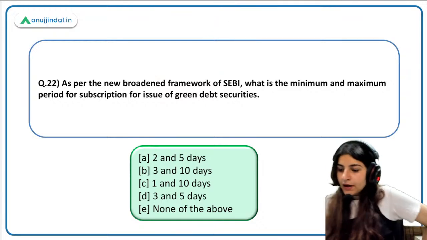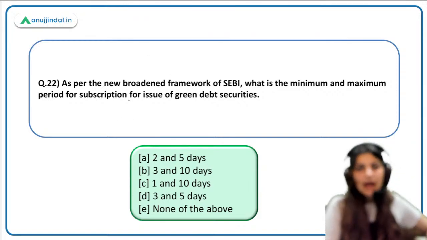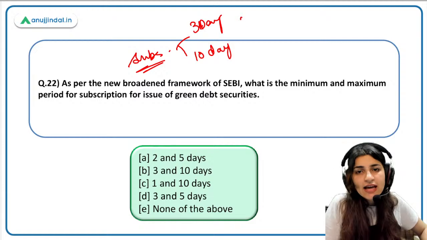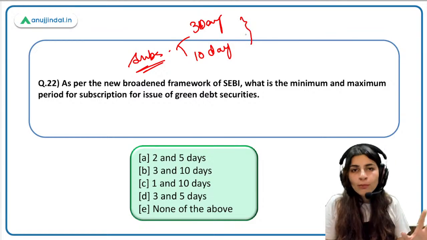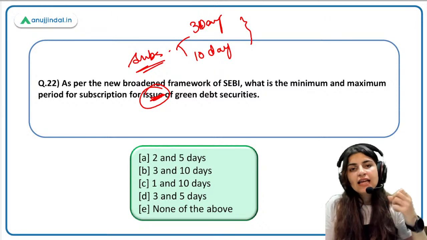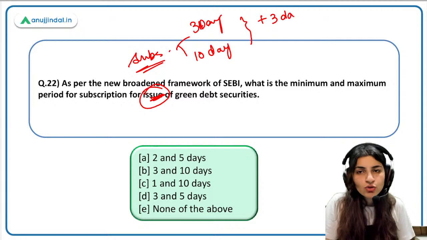Now SEBI's framework included that the subscription for any debt securities will be open for a minimum of 3 days and a maximum of 10 days. Further, if there is any change in the issue date or price, or any change that the company needs to bring, then the subscription can be extended by 3 days.